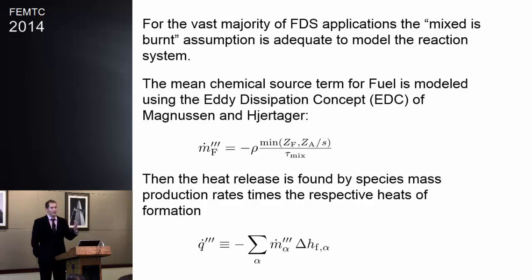So you can imagine that in any given cell, you have some unmixed species. They get mixed based on turbulence. Then based on the stoichiometry of your chemical reaction, they will react. You'll consume some fuel, which results in a change in all the remaining species. And based on the properties of those species, there's your heat release rate. So that's a very quick and dirty explanation of how the combustion works for 95% of the cases that people are using.